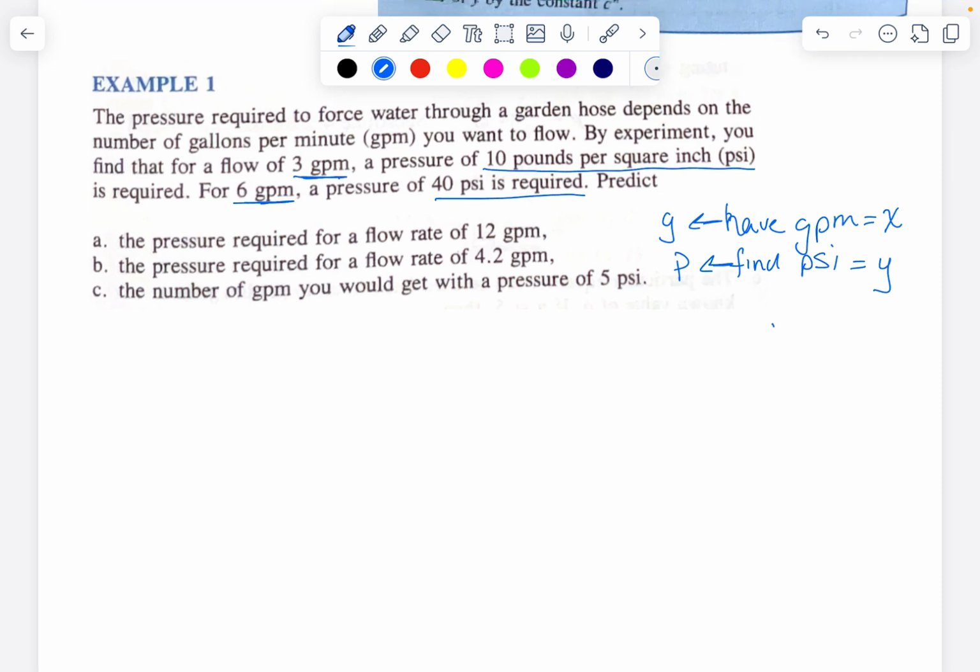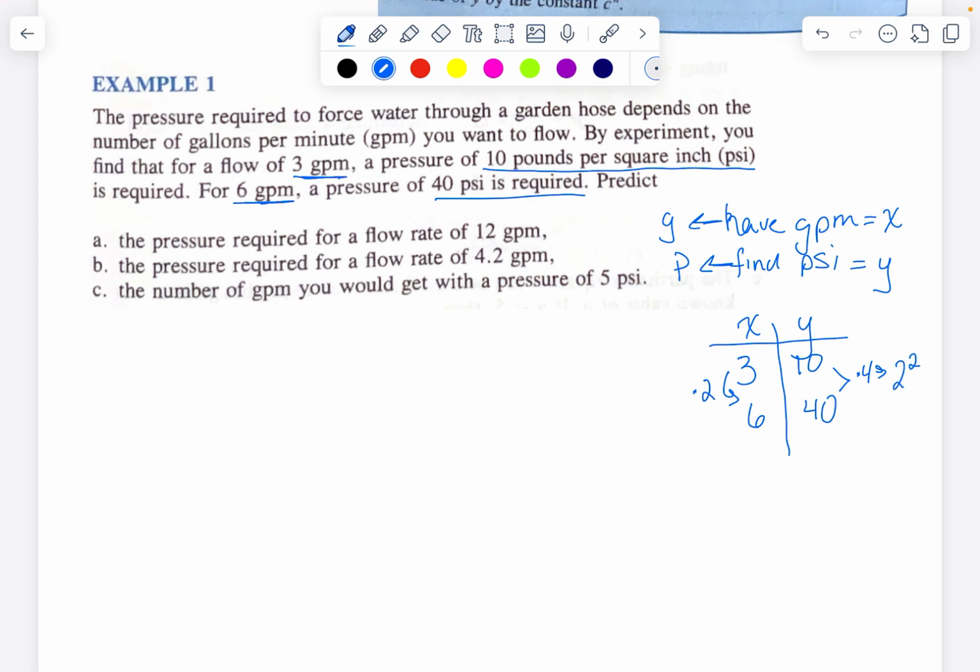So let's look at the values that they've given us. We're going to write our x and our y. By experiment, we found that when it was 3 gallons per minute, our pressure was 10. And we found that when it was 6 gallons per minute, our pressure is 40. We can find that this is times 2, and this one is times 4, which is 2 squared.